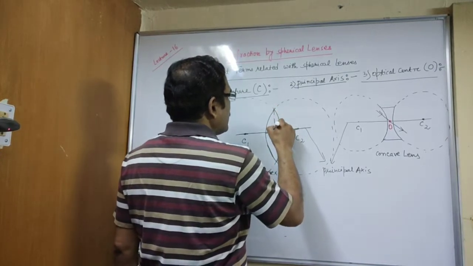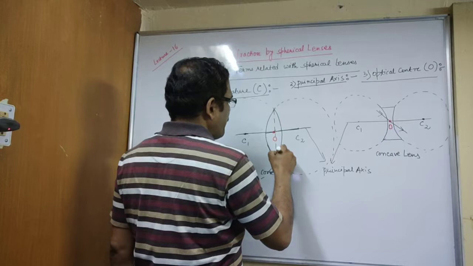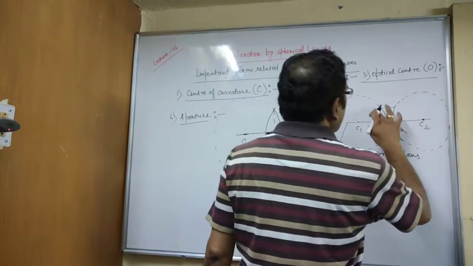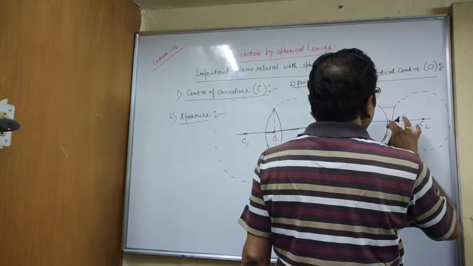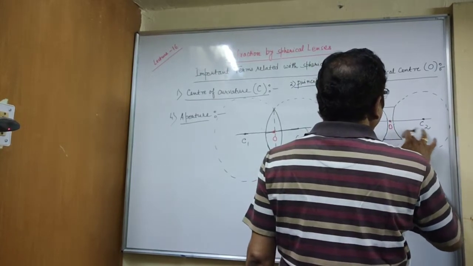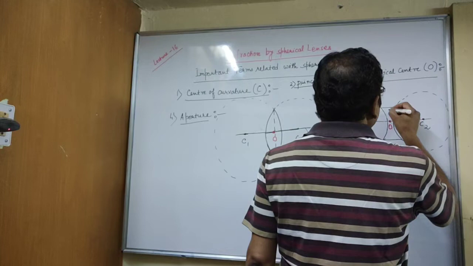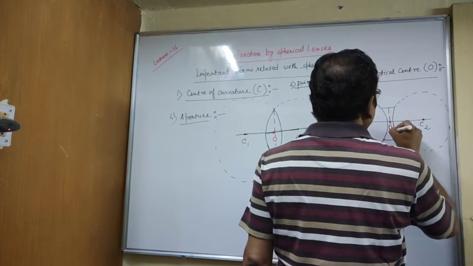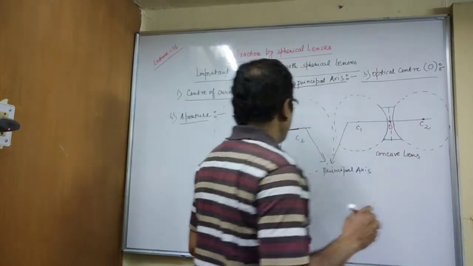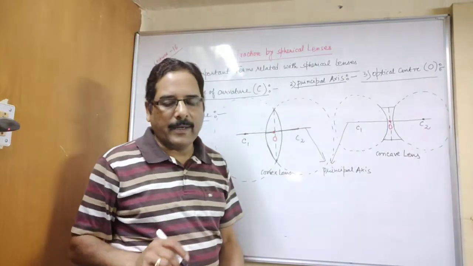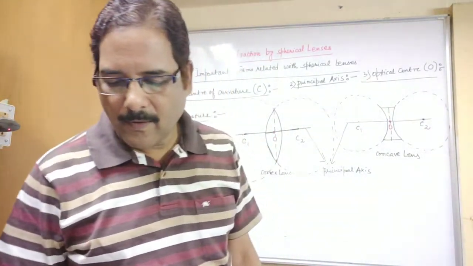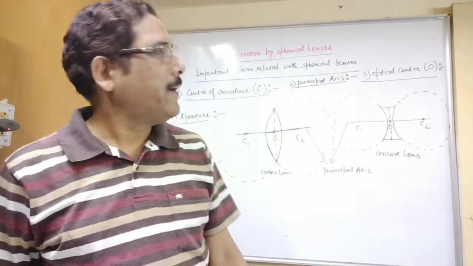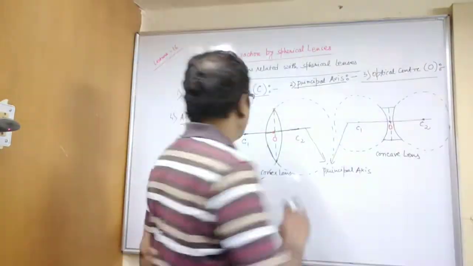You mark it with a dotted line, the effective diameter of the outline. So in the same diagram which you have drawn, mark the aperture with the dotted lines, and write about aperture.